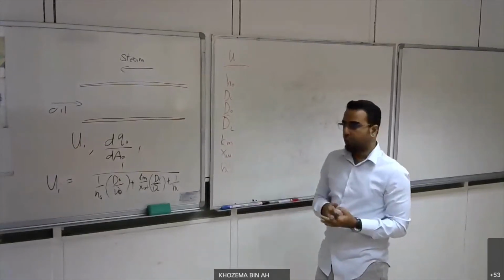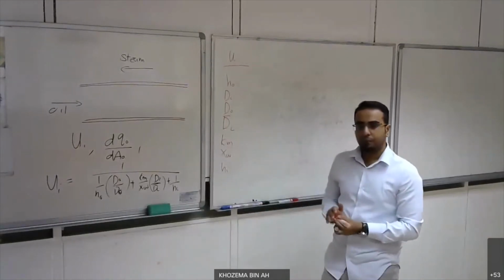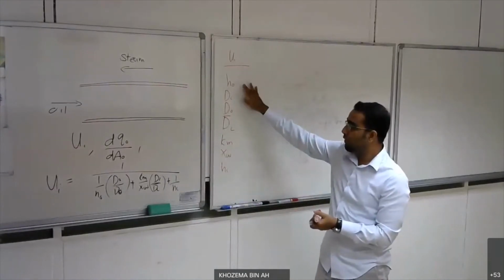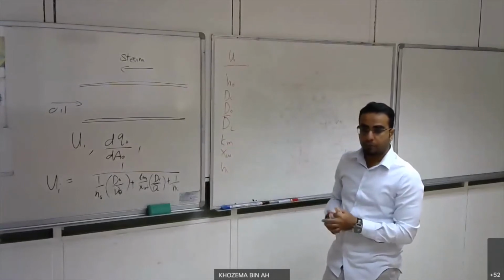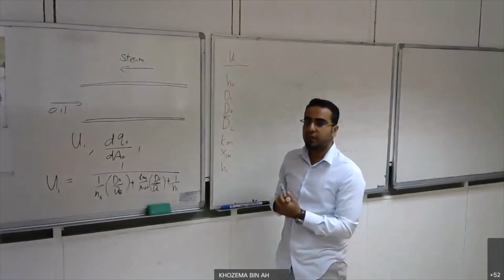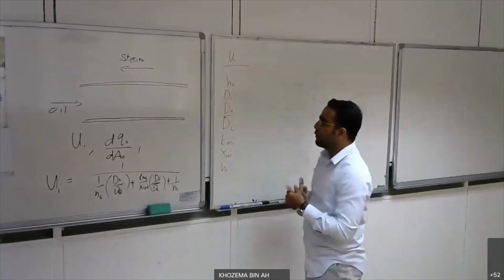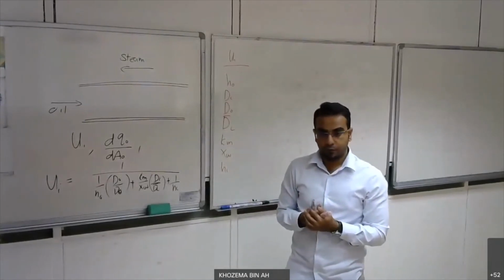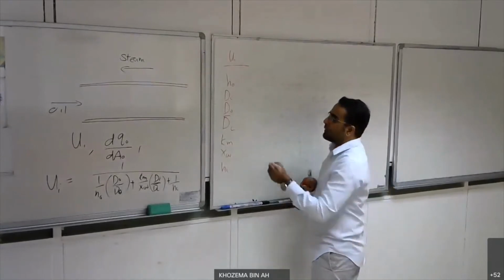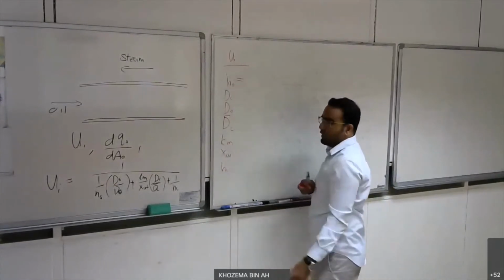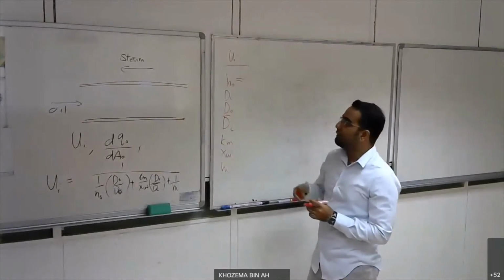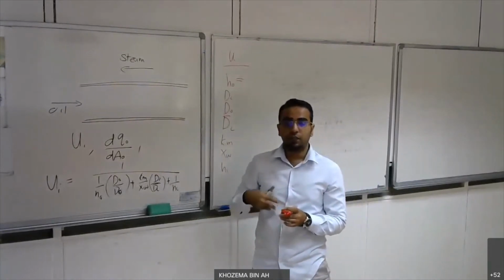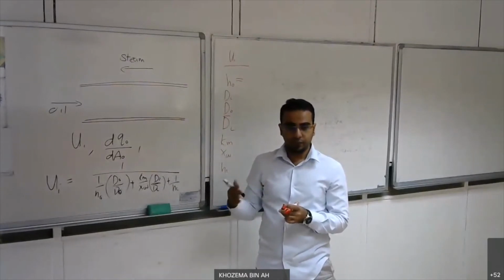In order for me to find the value of Ui, I need to know the value of all these terms. So the first thing that you need to do is try to find which values are given and which are not given. The value of Ho, if it is Ho, you are talking about the heat transfer coefficient on the outside surface area.